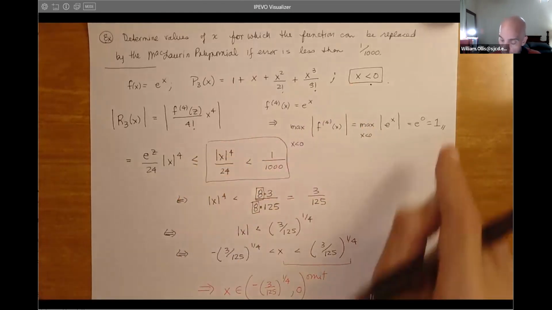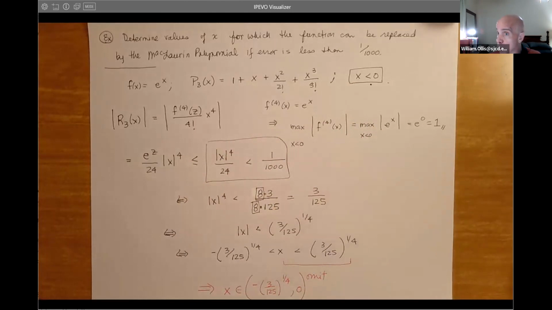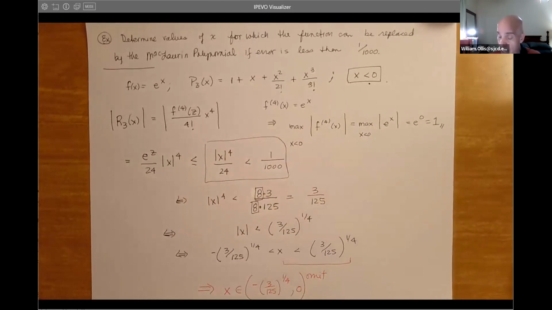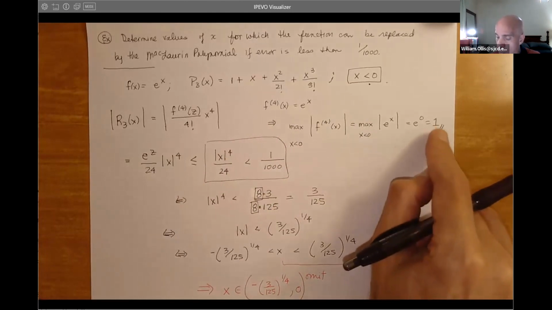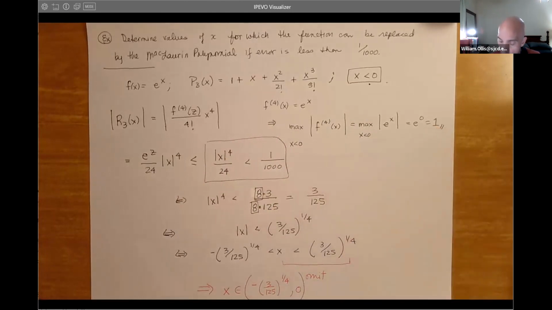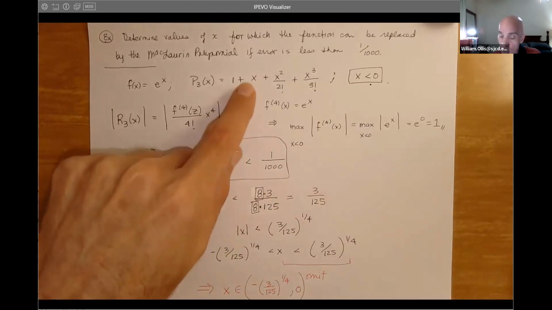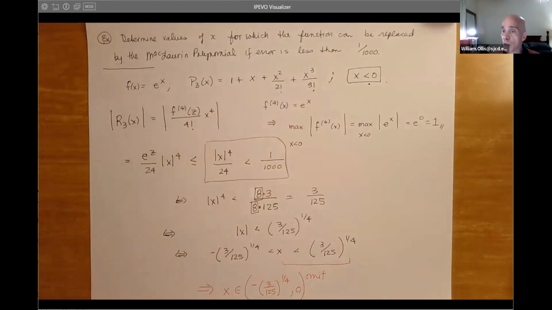And so even though this is maybe not the true story, we know it will work for this. It could be even better than this, and it probably is. But we know it is because we took an upper bound here. So the idea is that for these values of x, this will give us an error of less than 1/1000.